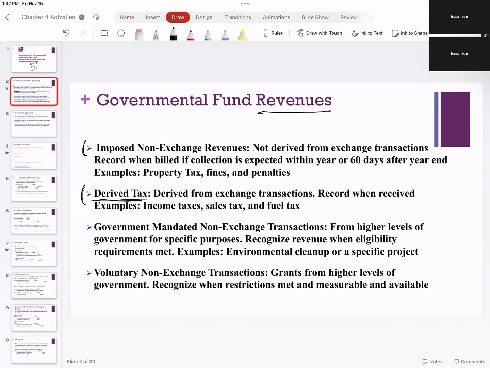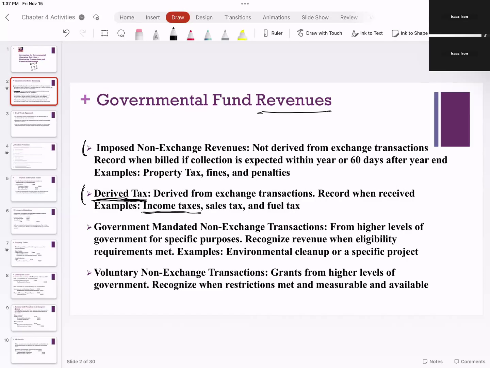So think about you go buy something at the store, sales tax is charged. The tax is a derived tax because it's derived from that sale. Or income taxes, you're paid a wage and then part of that wage is taxed. And so the tax is derived from those income taxes.